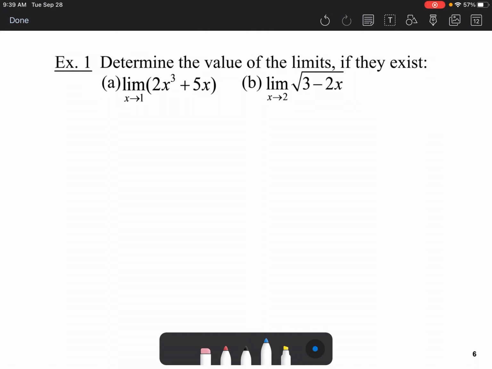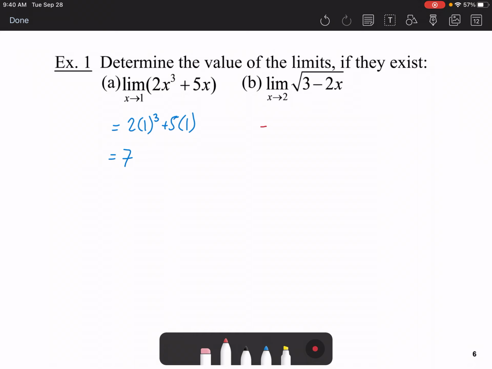So first off, first limit, just try substituting 1 in. Well, here you can actually substitute it in and get the value 7. So the limit does exist as you approach the value 1, and it is equal to 7.